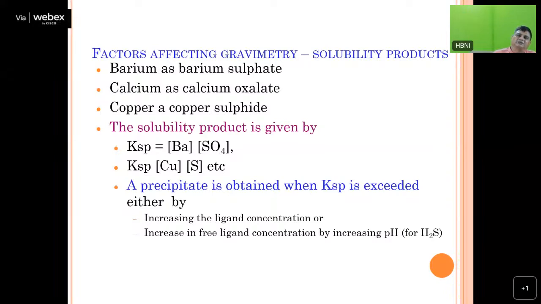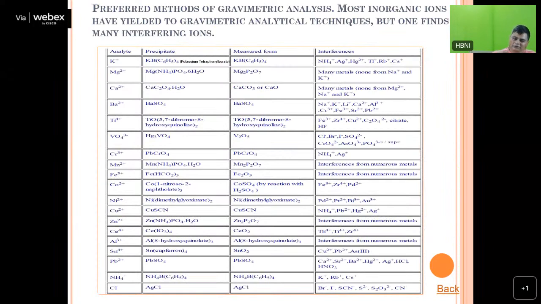Either we can increase the ligand concentration, or increase the free ligand concentration by increasing the pH. So these are a few determinations of potassium, magnesium, calcium, barium, titanium, rhodium, chromium, manganese, iron, cobalt. These are the various elements which we can determine by using gravimetric methods.